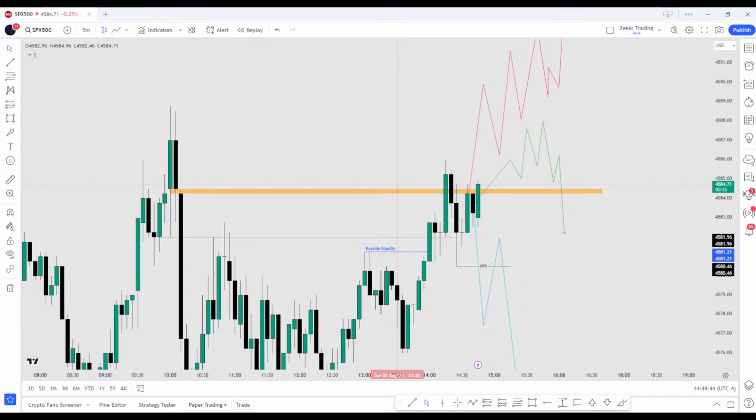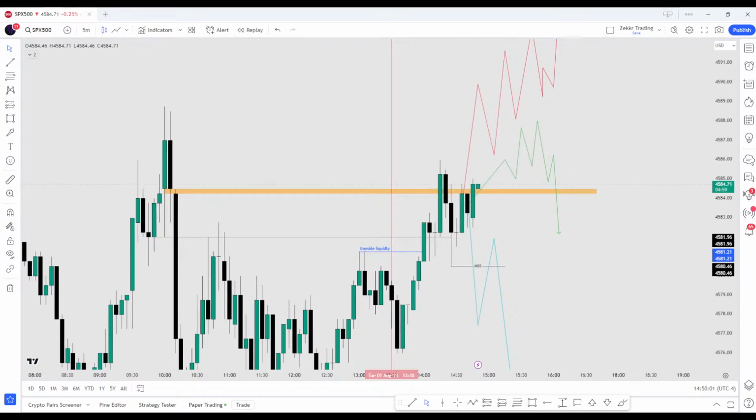Where's the MSS on Nasdaq 10 a.m.? Unique market structure shift for silver bullet. This is what I'm telling you guys. The social media is ruining ICT. All they want is just views. Did ICT ever mention market structure shift in his Twitter Spaces, or in his silver bullet videos?